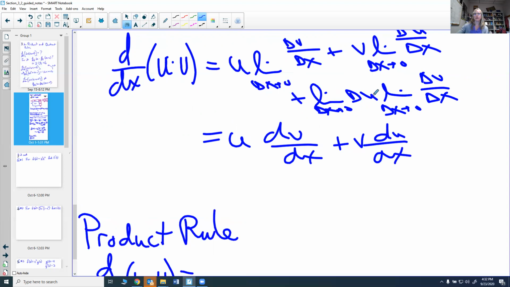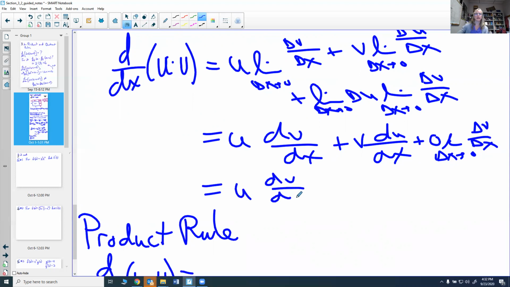Well, as delta X goes to 0, delta U will also go to 0. So that means we have 0 times this limit as delta X goes to 0 of delta V over delta X, which means this whole term is 0. So that really means we have U times dv dx plus V times du dx. And so I like to look at it slightly differently.